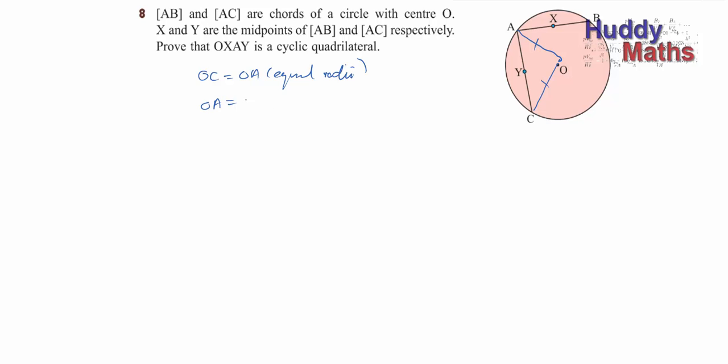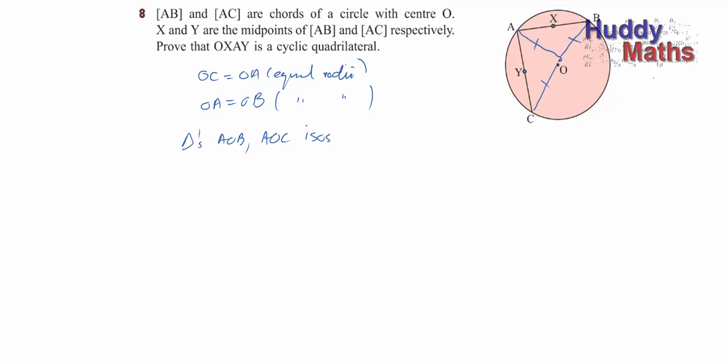OA equals OB, equal radii. So we've got this here as well. Okay, therefore, now let's have a look at what we can see here. AOB and AOC would be both isosceles. So do you agree with that? They're all equal. Yep.